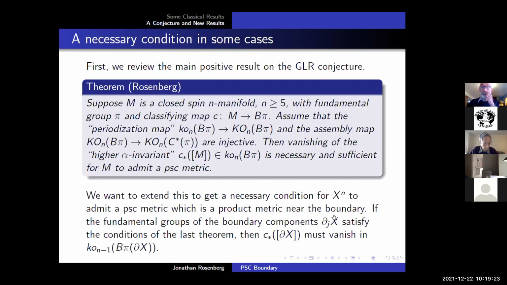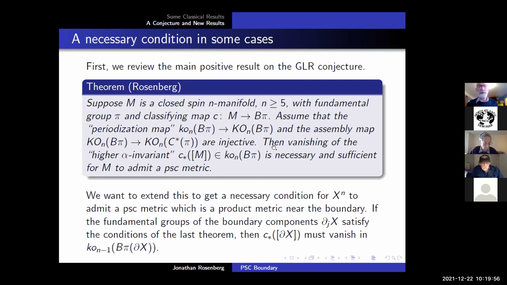So if the fundamental groups of the boundary components satisfy the conditions in this theorem over here, then you can apply this theorem to those boundary components, and then you know that the image of the fundamental class of the boundary in KO_{n-1} of the classifying space of the fundamental groupoid of the boundary has to vanish.